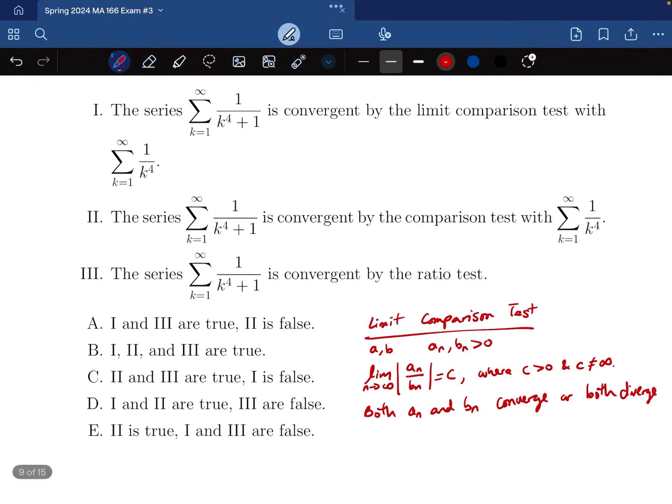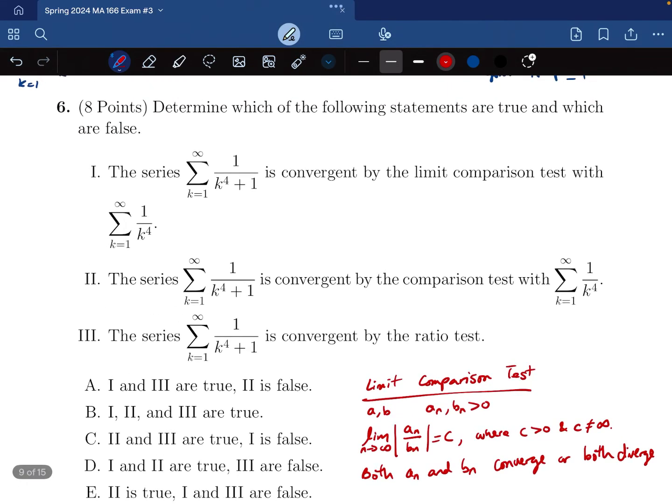So in this case, to apply the limit comparison test, I would have to take the ratio of both series. So the limit as k approaches infinity of, the order in which I do the ratio doesn't matter, so I'll just put 1 over k to the power of 4 plus 1 on top.